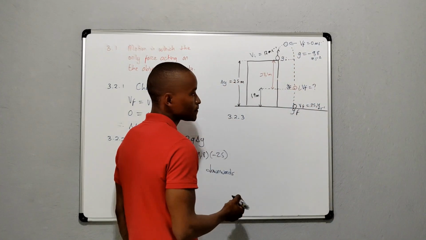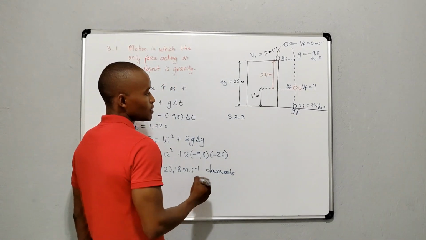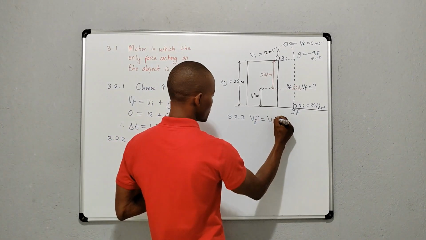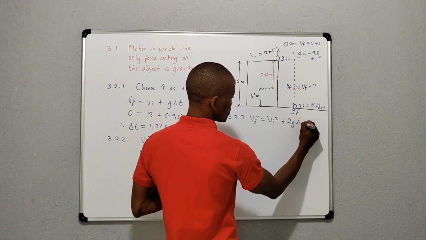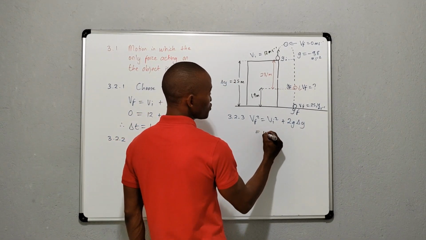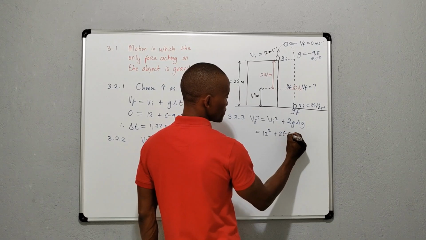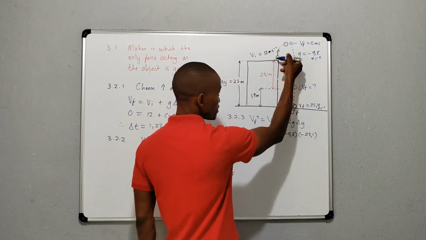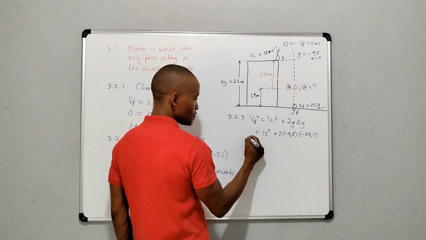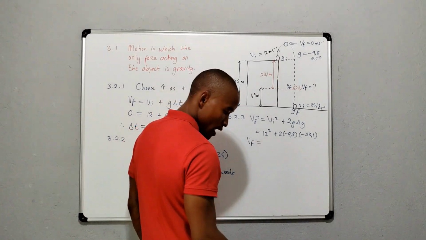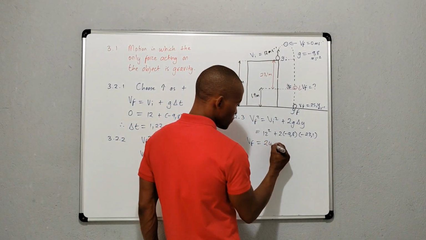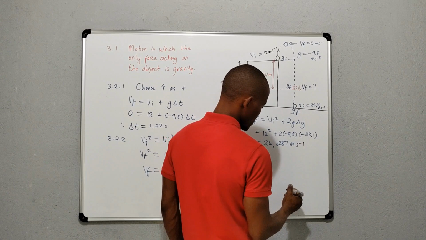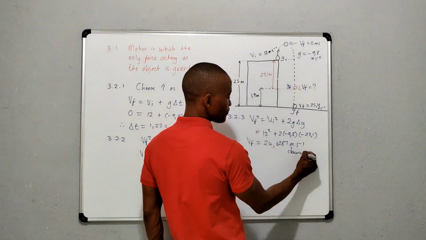The equation that will help us is Vf squared equals Vi squared plus 2g change in y. So we have 12 squared plus 2 times negative 9.8 times negative 23.1. Again, displacement is downwards. If you take the square root there, you'll get that Vf is equal to 24.4287 meters per second downwards.